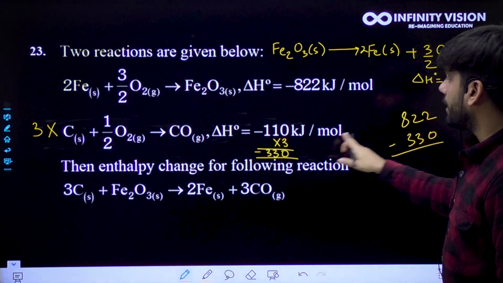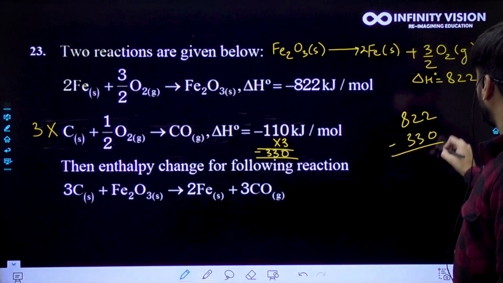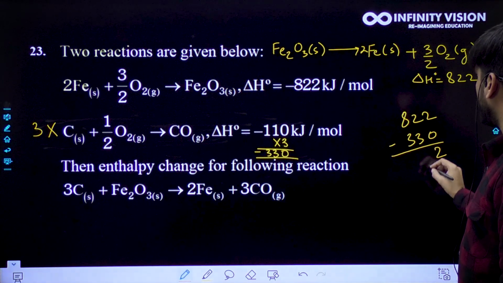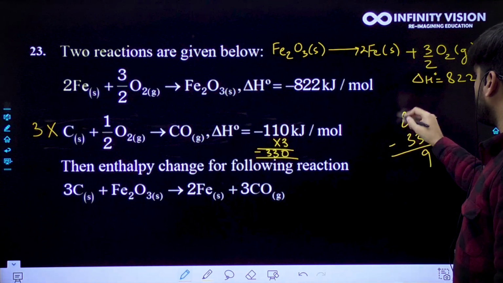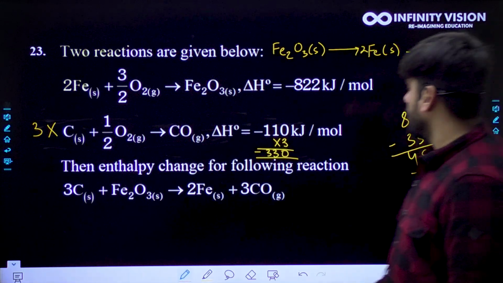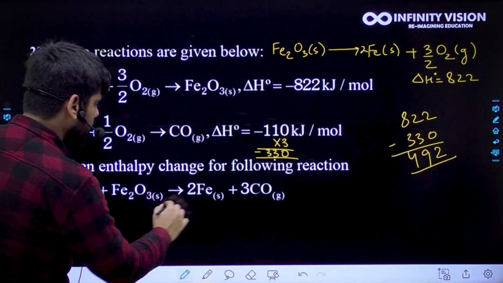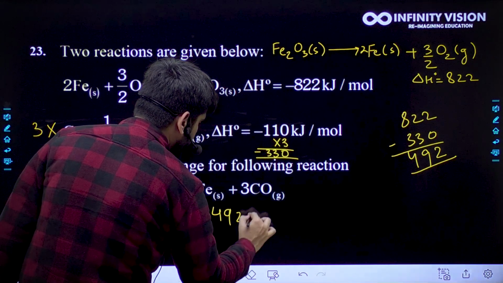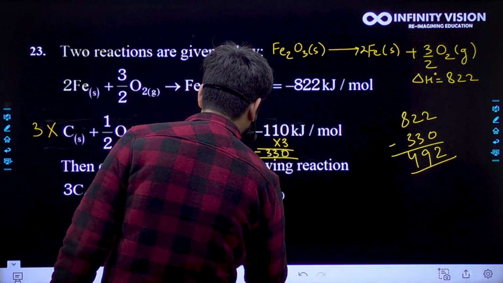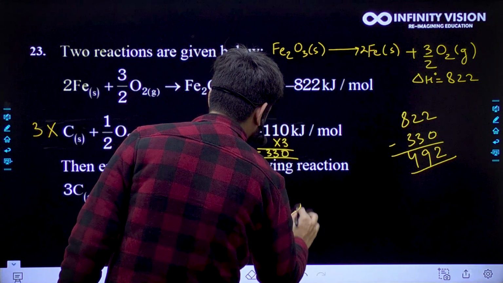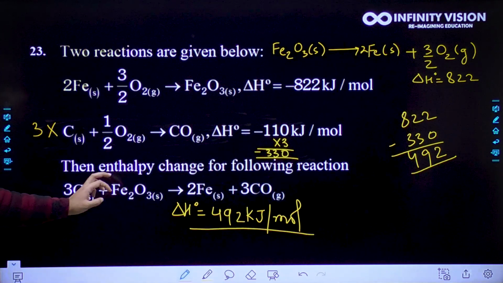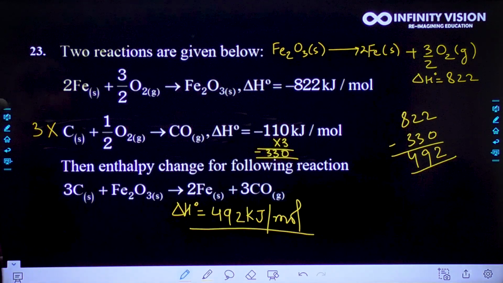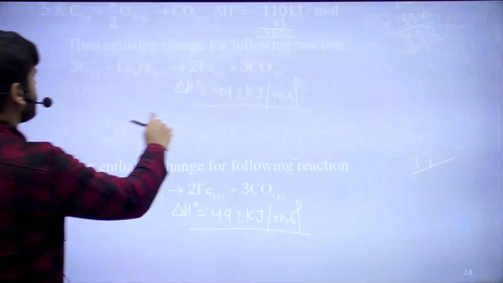So this will be 492. So what is the answer? The answer is delta H naught value for the given reaction is 492 kilojoule per mole. So this is the answer, 492 kilojoule per mole. All right. Let us discuss the next question.